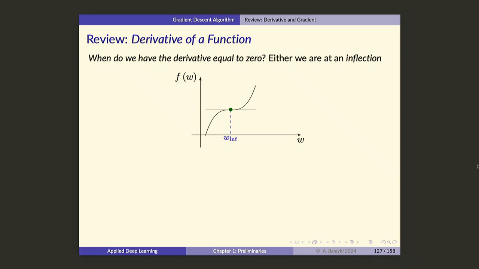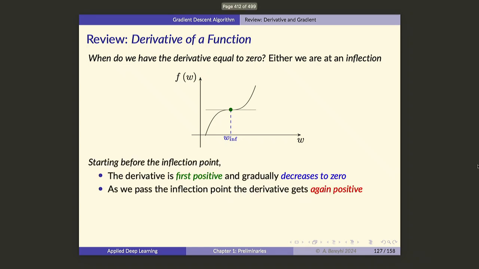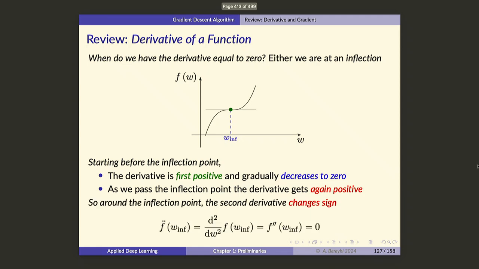What happens after I pass that point? It's again positive, right? So it's going to just go again up. So what would be the second derivative here? It's 0. Great. So we could have an inflection point. It has again 0 derivative, but the second derivative is going to be 0.